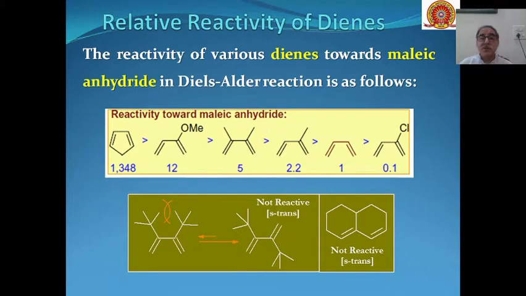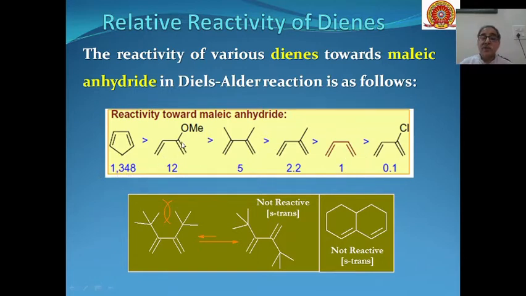For a general reaction of dienes towards maleic anhydride in Diels-Alder reaction, if we compare which of these dienes will react more with maleic anhydride, then cyclopentadiene will react 1348 times more than butadiene. If the reactivity of butadiene is 1, this is 1348.